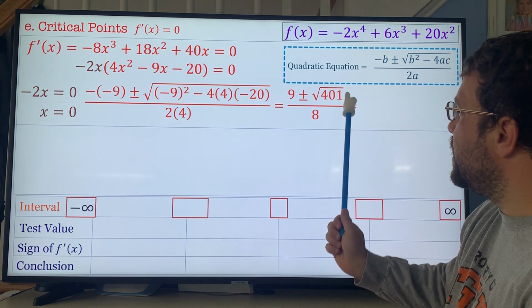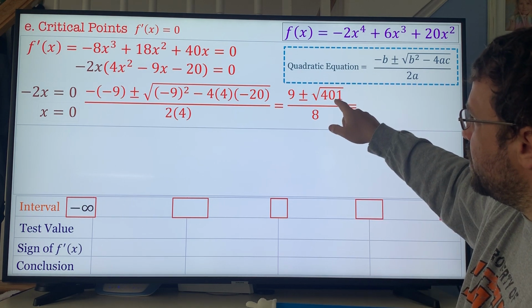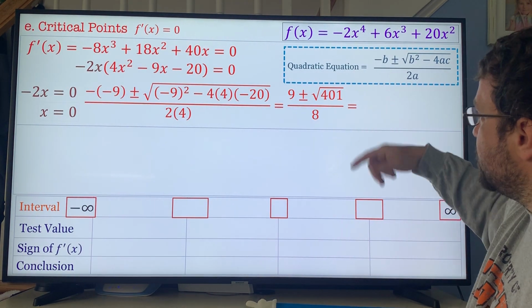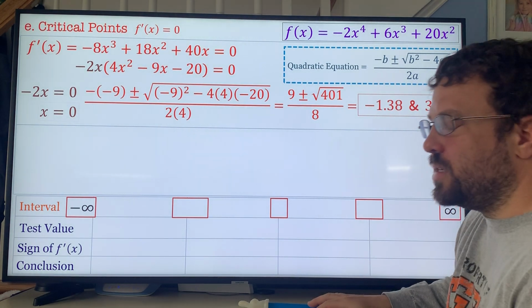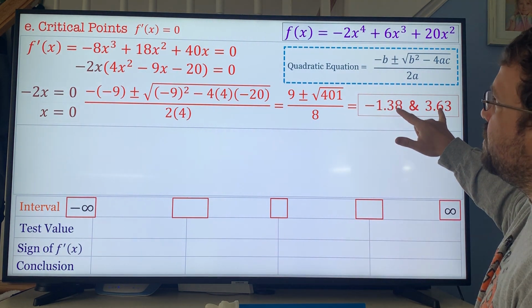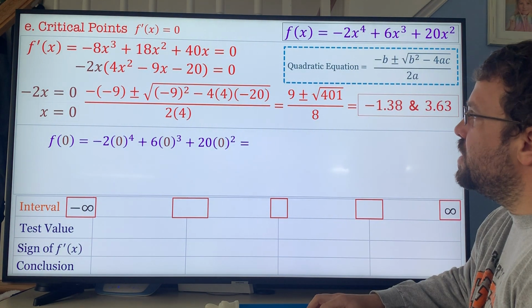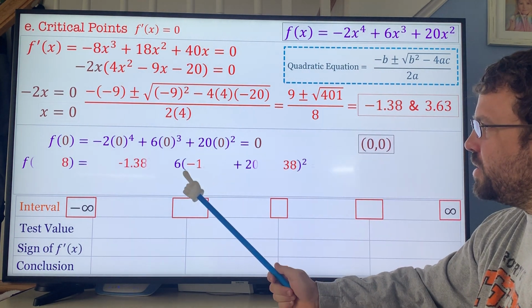You get 9 plus or minus radical 401 over 8. 9 plus square root 401 divided by 8, 9 minus square root 401 divided by 8. So you get negative 1.38 and 3.63. Take these two numbers and what do we do with them? Plug them into the original equation. So we're also going to plug in the 0 as well. 0, 0 is our first point.